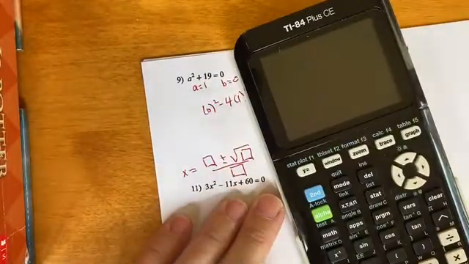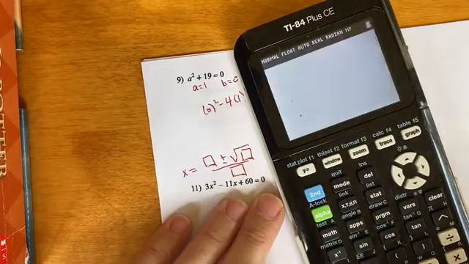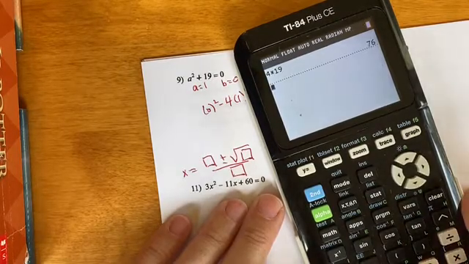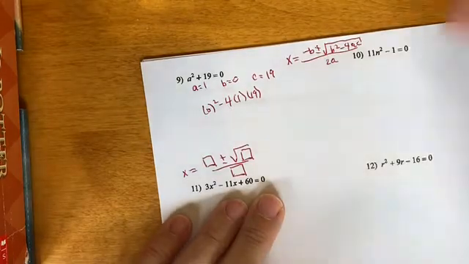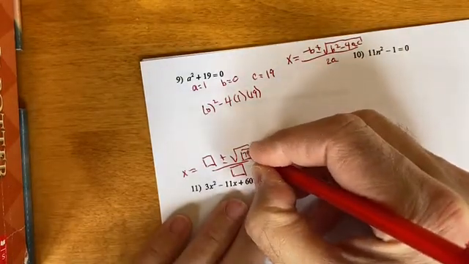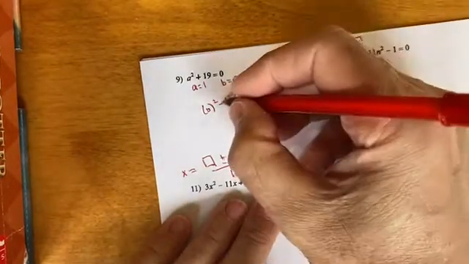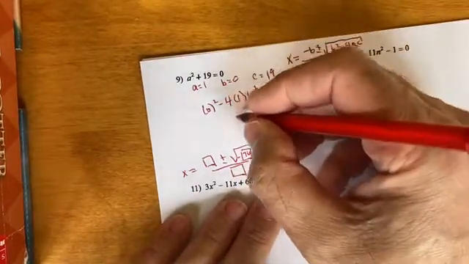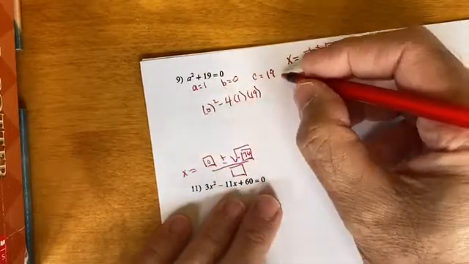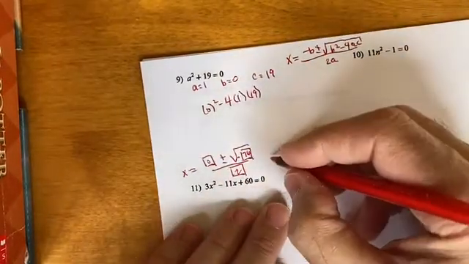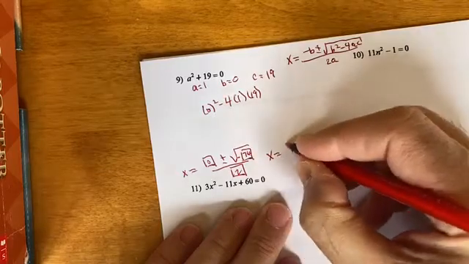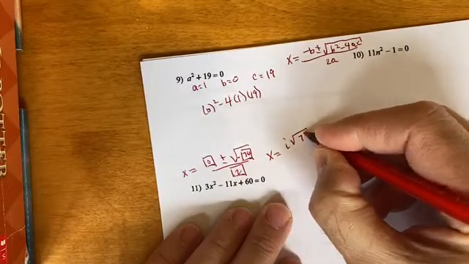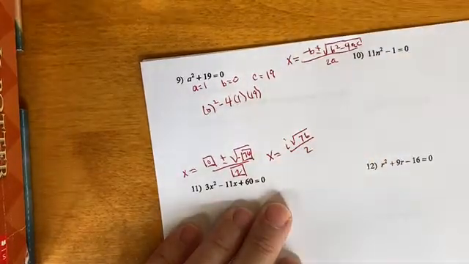So 4 times 19 should be 76, right? 0 minus 76. Negative b is 0, plus or minus, 2a is 2. So it looks like the answer is i square root of 76 all over 2.